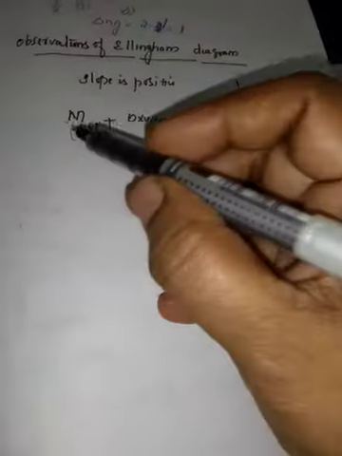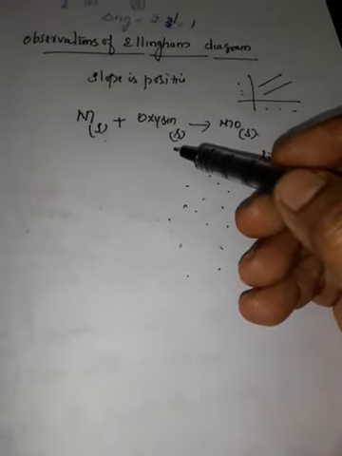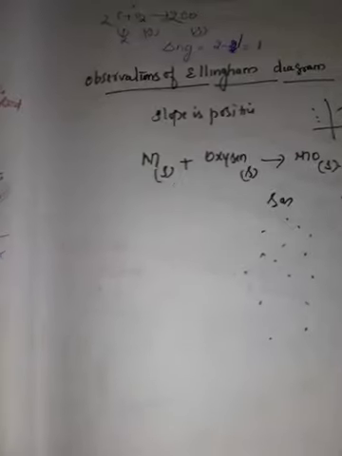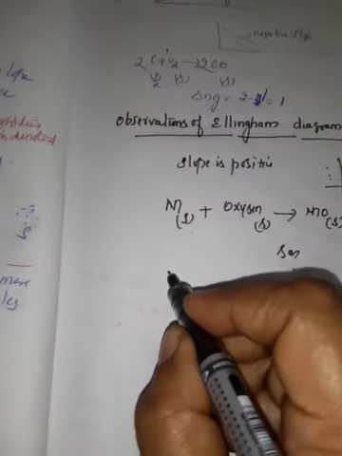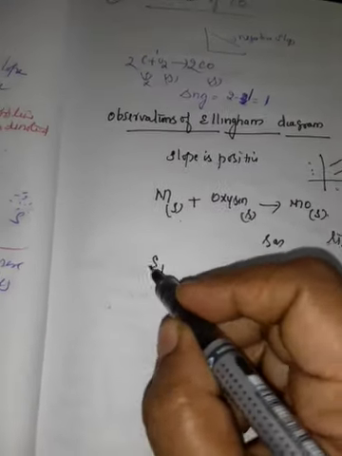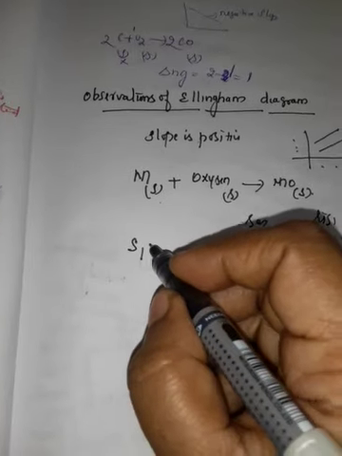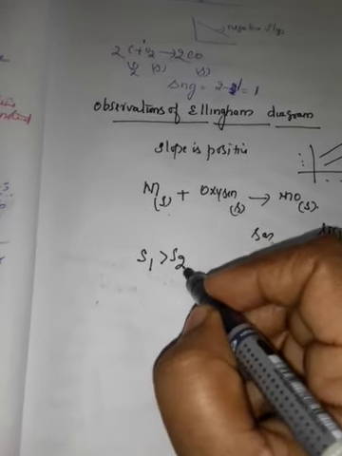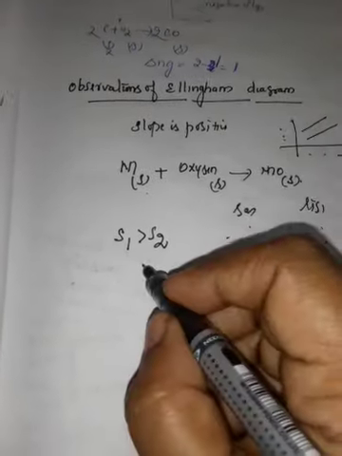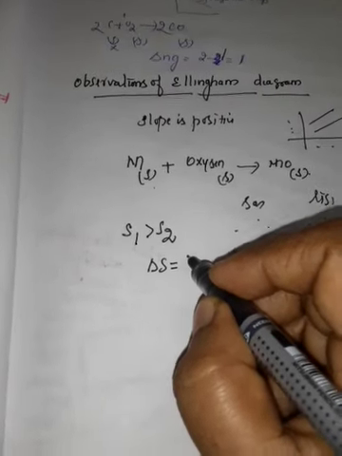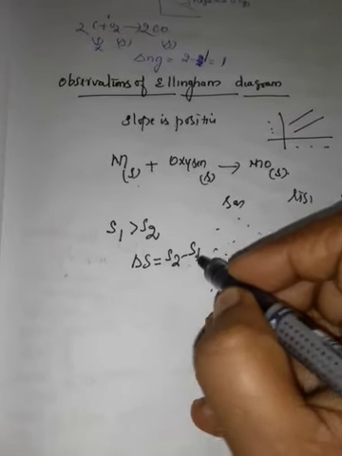While the reaction is taking place, all the oxygen gets used up. So S1, the entropy of the initial state, becomes more than the entropy of the final state. So what is delta S? Delta S is equal to S2 minus S1.